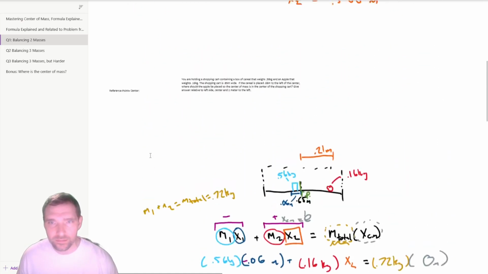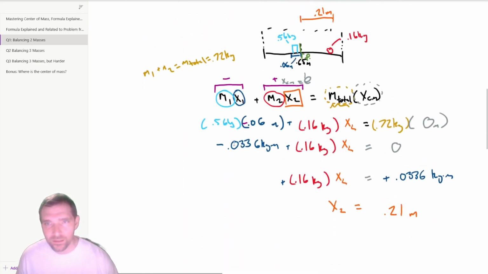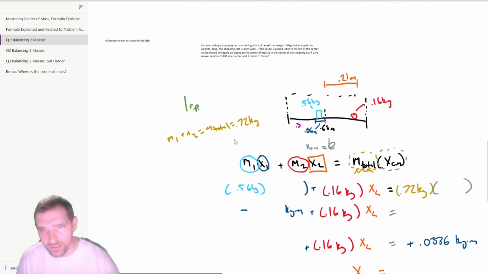What was it? 0.325, but we used 0.265 for there. So we've got 0.265 for this distance from here to there, but then we have an additional distance of 1 meter from here to there.